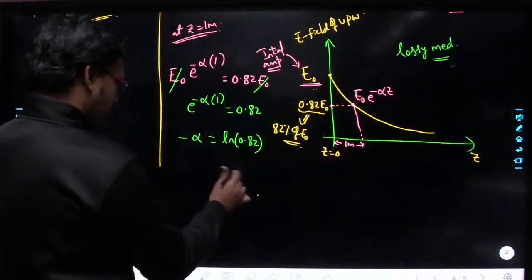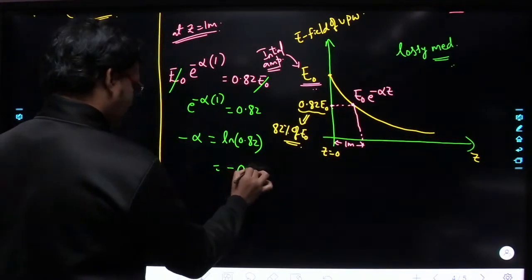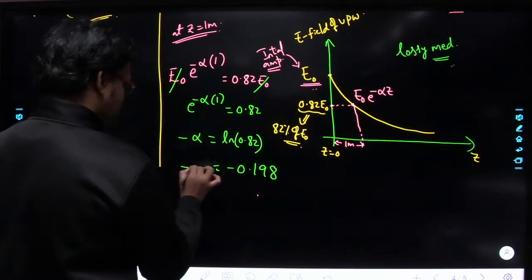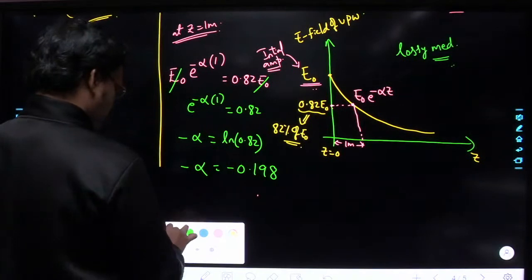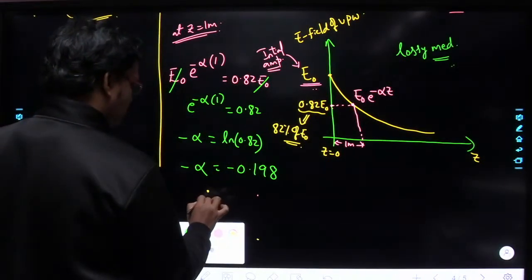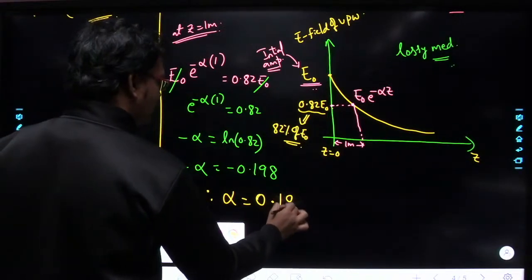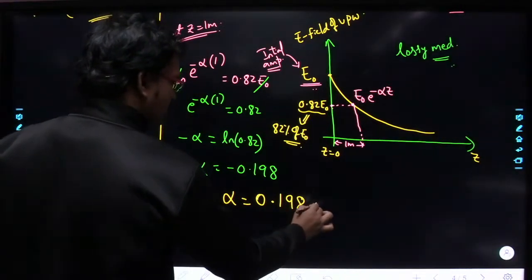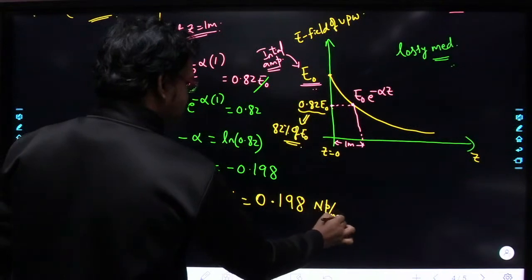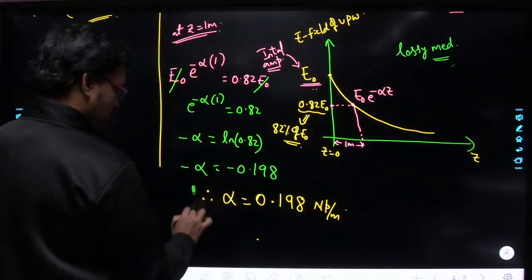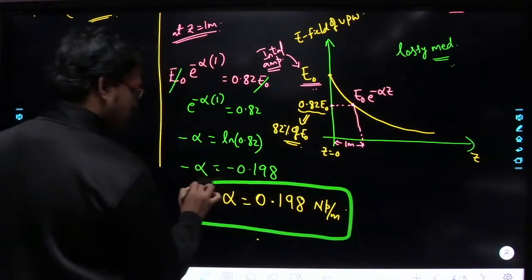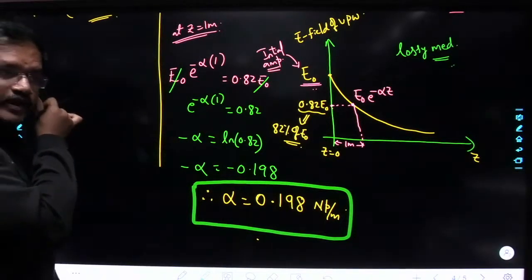It is nothing but minus 0.198. This is alpha. So therefore alpha value is equal to 0.198 Neper per meter. Okay, so this is the value of alpha. So we have determined alpha value here.